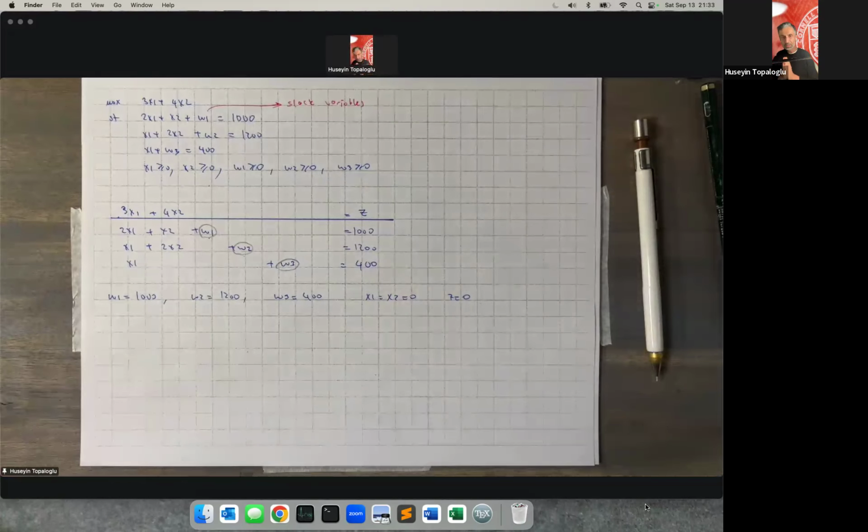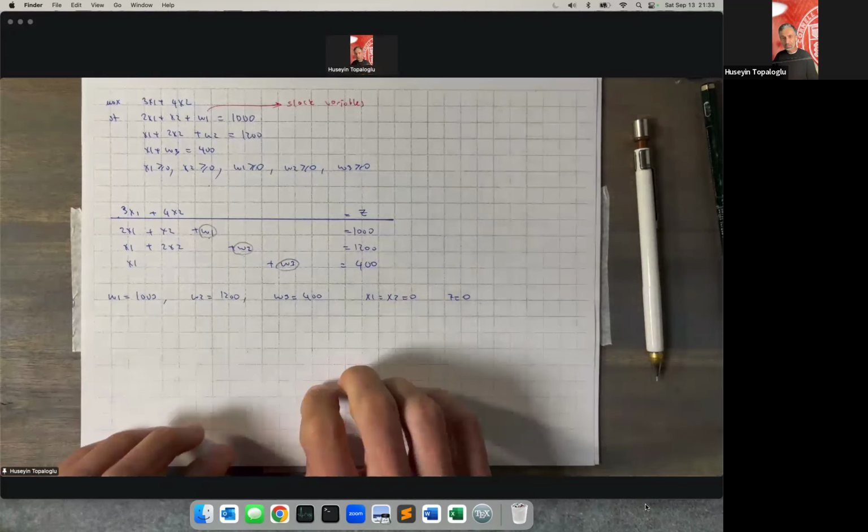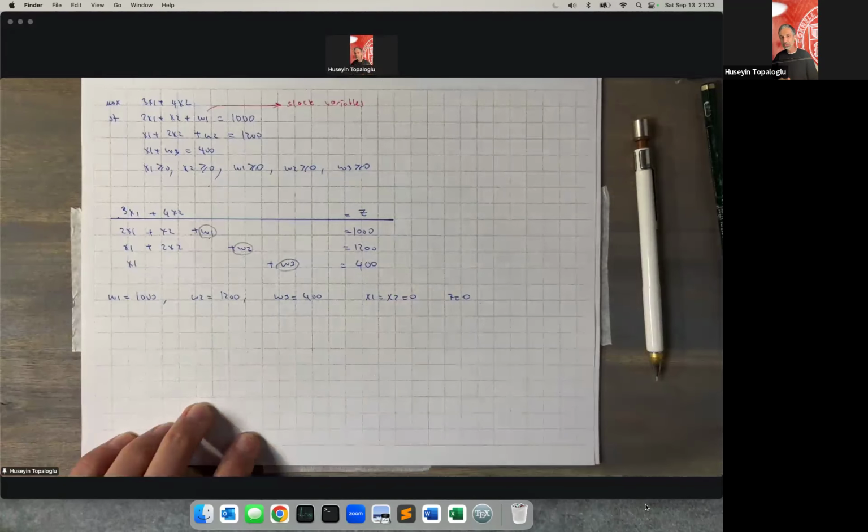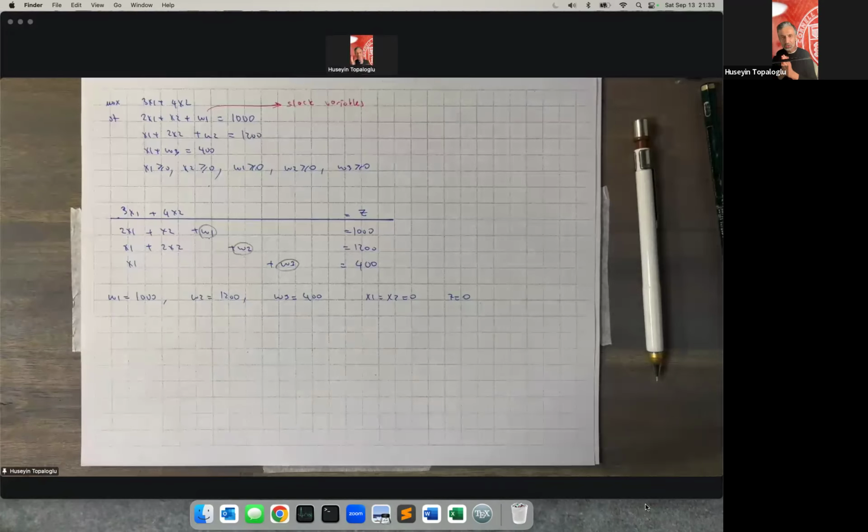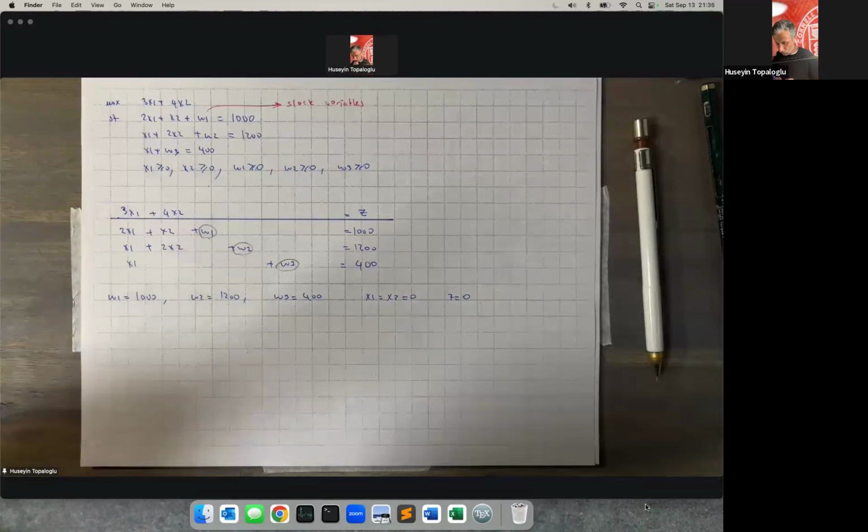But the important thing is, as we do so, we'll always maintain the structure that there will always be three decision variables such that each one of them appears in a different constraint row with a coefficient of 1 and nowhere else. We're always going to maintain that structure.